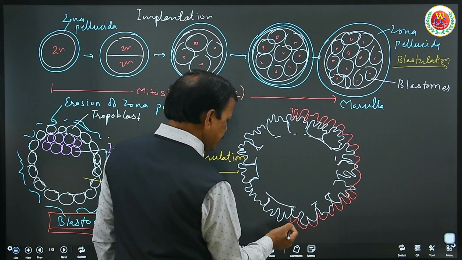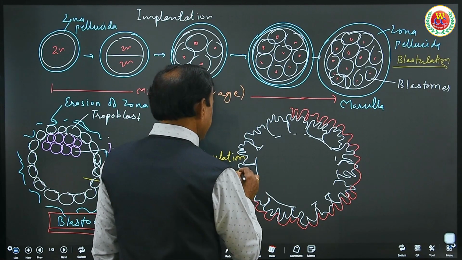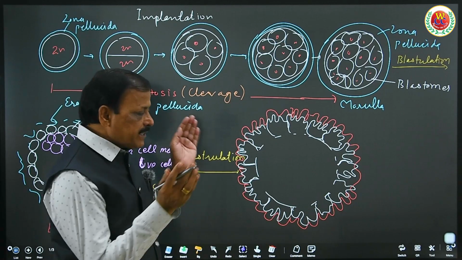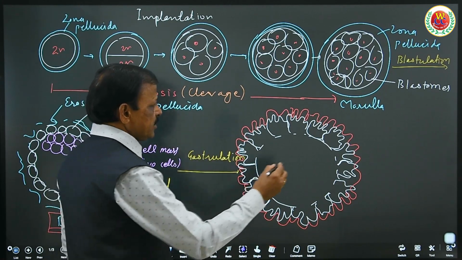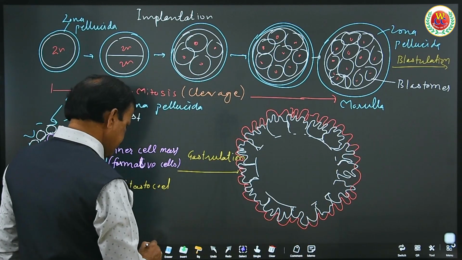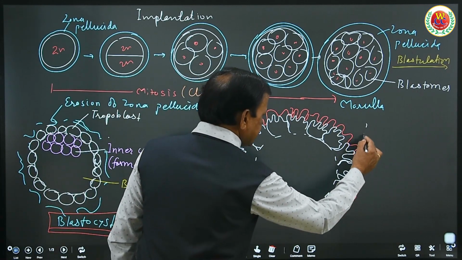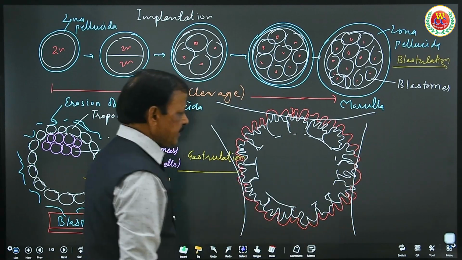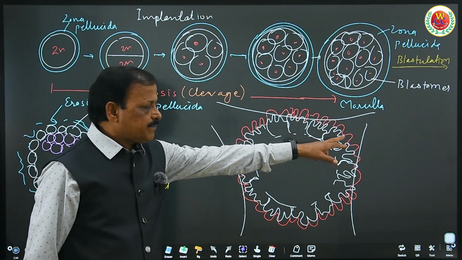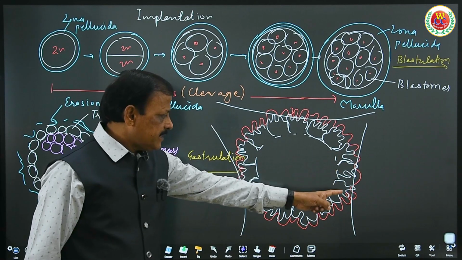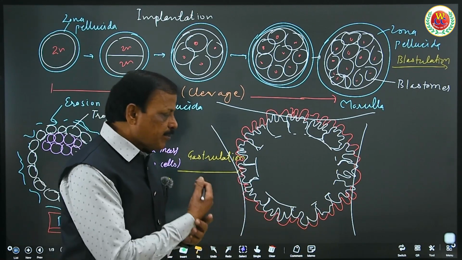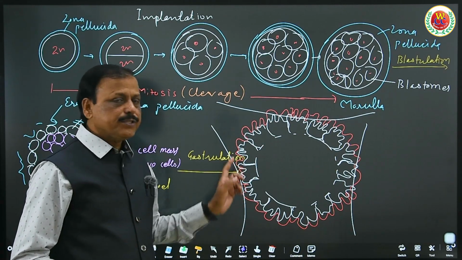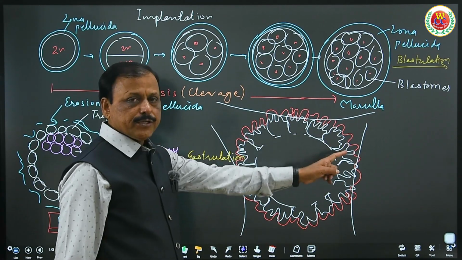The interdigitation with the endometrial wall of the mother forms the implantation. We understand this is happening inside the uterus. With this implantation, the endometrial wall of the mother is provided with blood vessels so as to supply nutrition by diffusion to the developing chorionic villi cells.